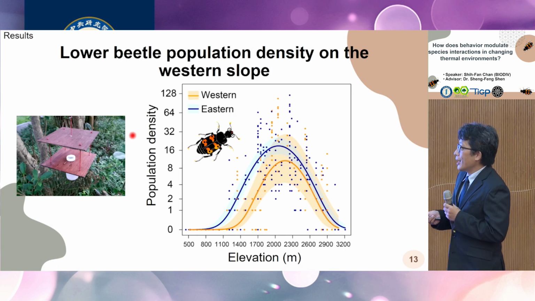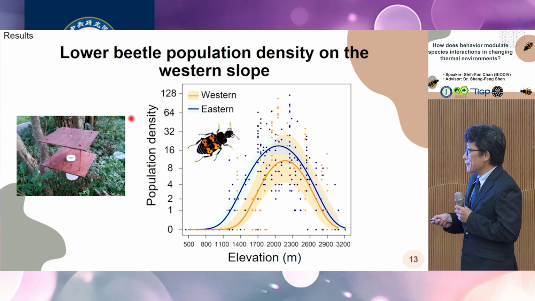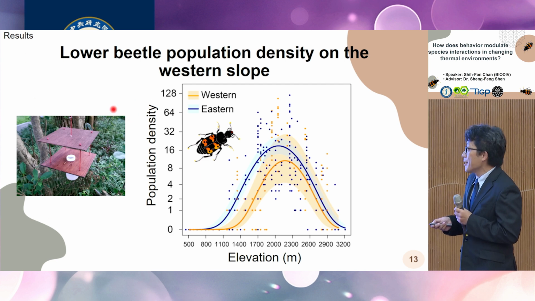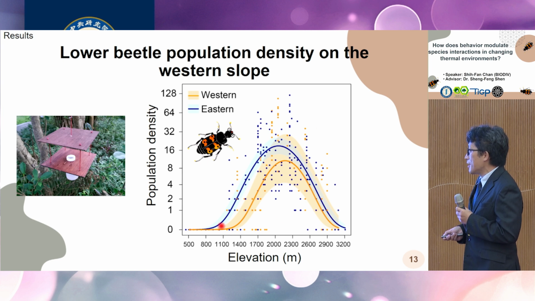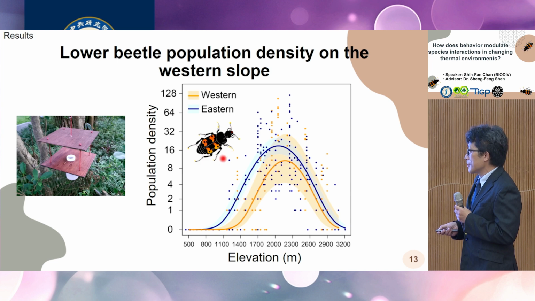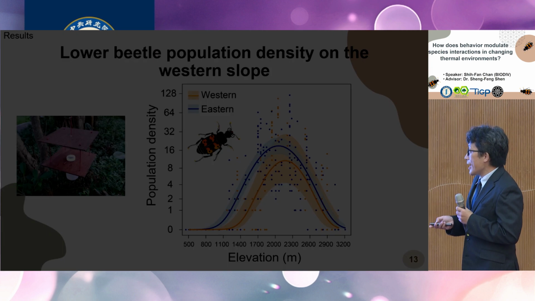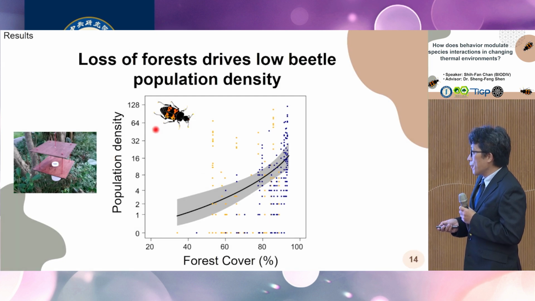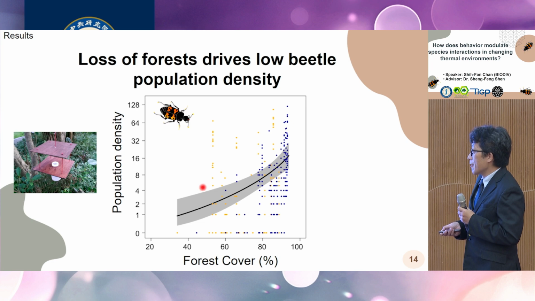Next, we surveyed the population density of the burrowing beetle using this kind of pitfall trap, and we found that on the western slope, the population density of beetles was lower, particularly at lower elevation. So deforestation is responsible for the decrease of population density of burrowing beetles.